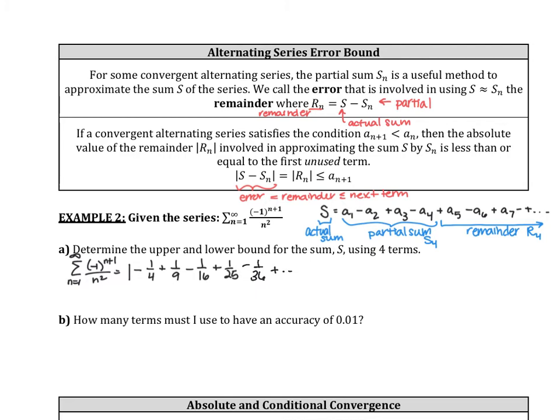Okay, if I want to find the sum using 4 terms, I'm looking for the partial sum, S sub n. That would be this right here, S sub 4, my 4th partial sum. And if I add all those terms together, the value is going to be 115 over 144, which is roughly 0.7986.